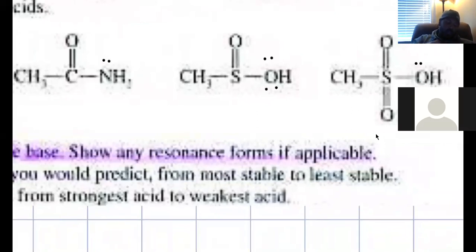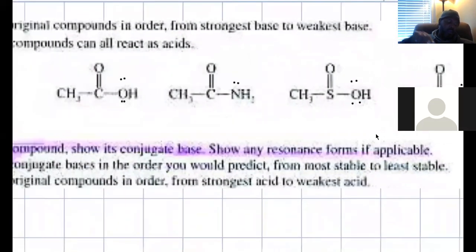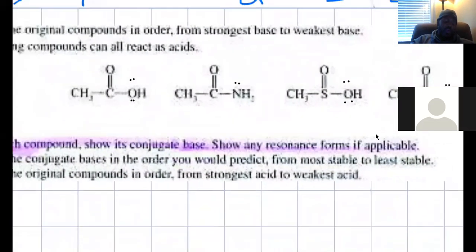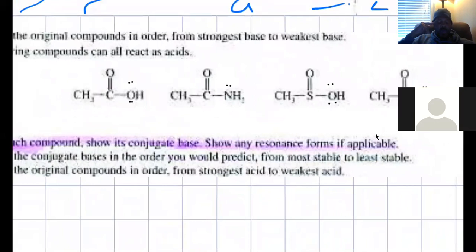All right. And so now the question becomes, if we are looking at these as acids and we don't have the pKa, what do we how do we compare the acidity?